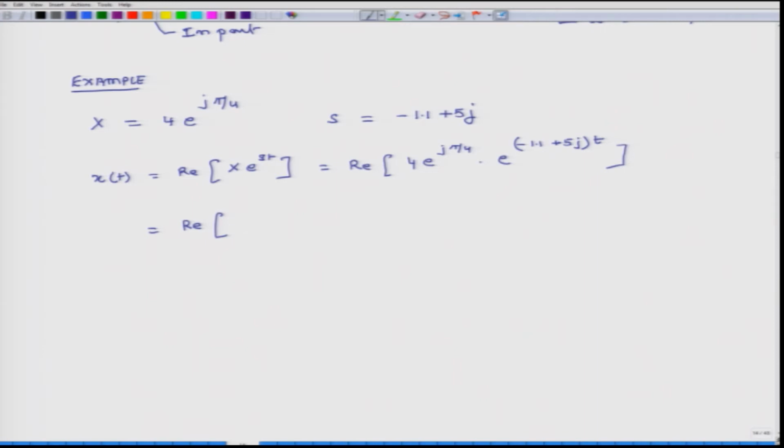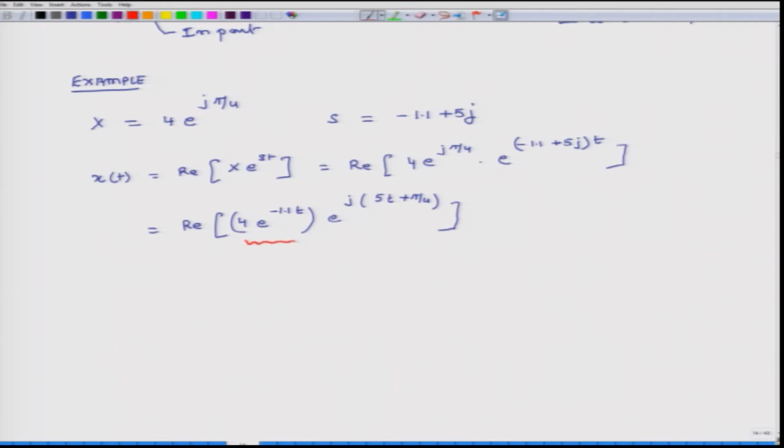So, what I am going to do is rearrange all this: 4 e to the power of minus 1.1 t times e to the power of j(5t plus pi by 4).